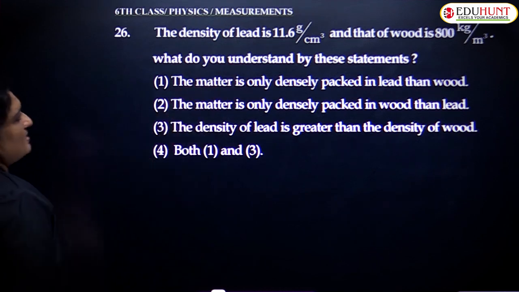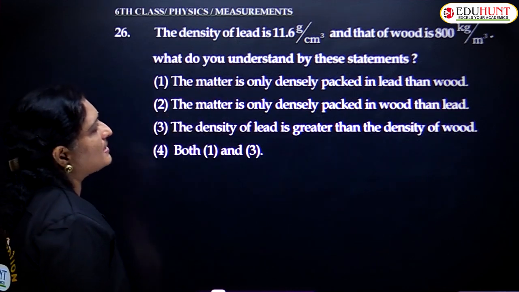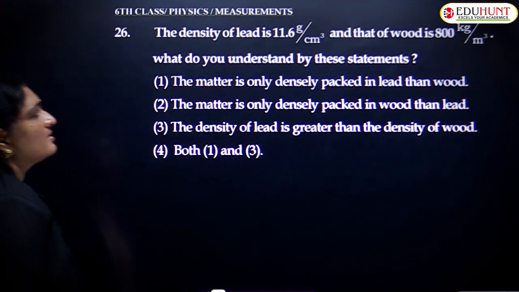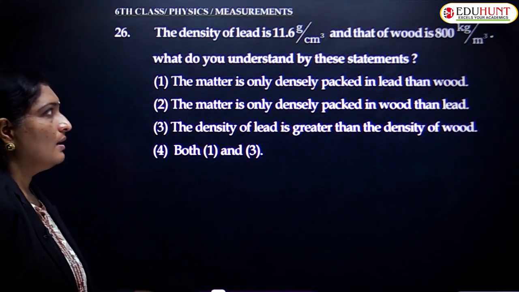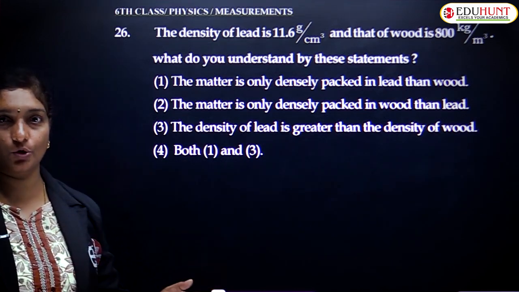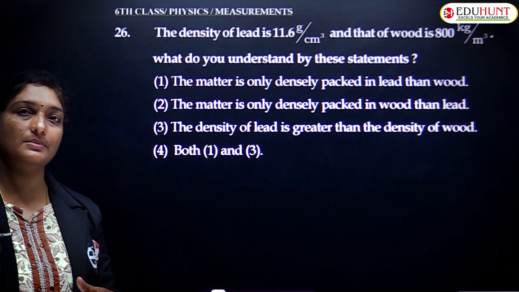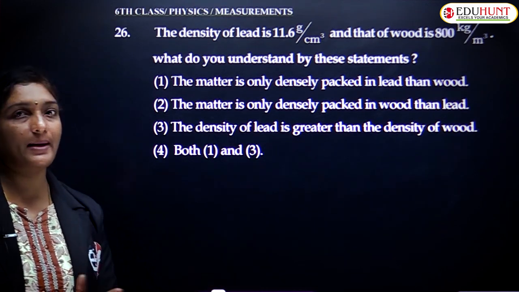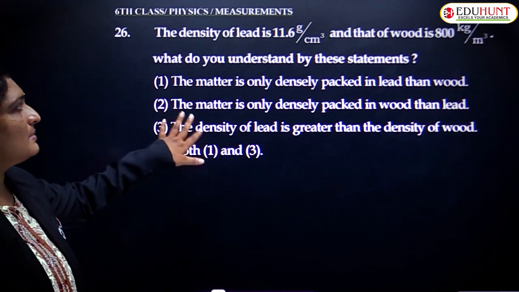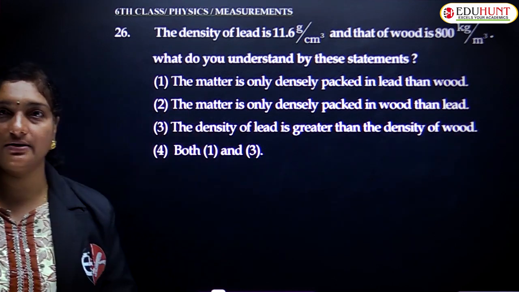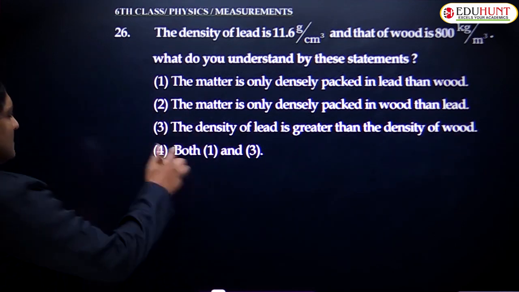So which one is easier? Converting kg per meter cube, or gram per centimeter cube? Children, I already told you that 1 kg per meter cube into gram per centimeter cube is how much? 1 by 1000 gram per centimeter cube. Or 1 gram per centimeter cube is equal to 1000 kg per meter cube. So multiplication is easier.